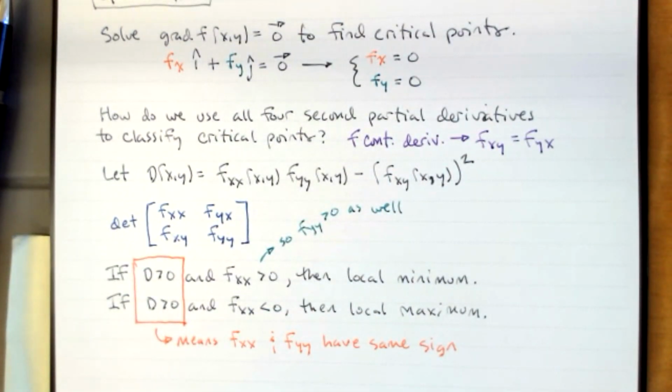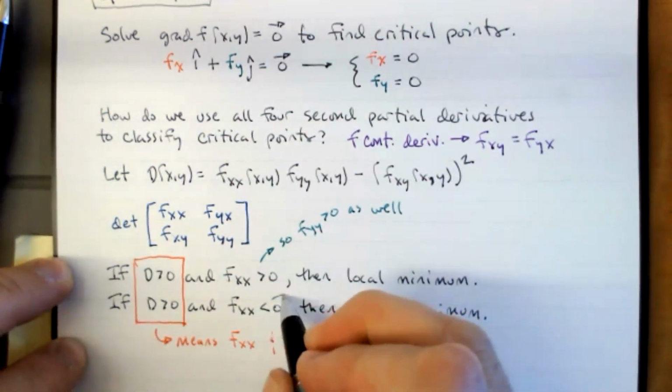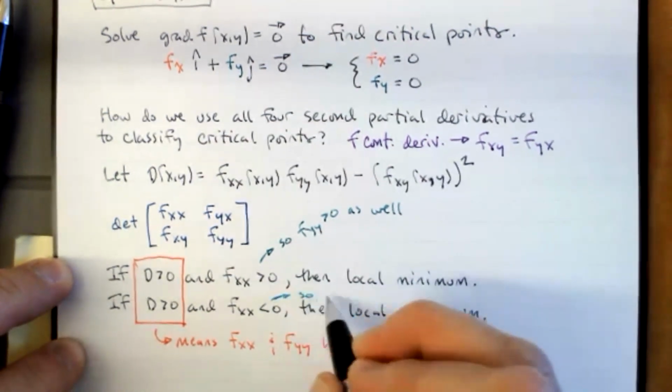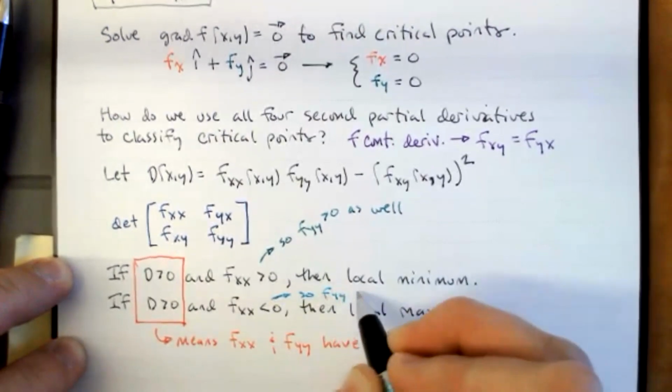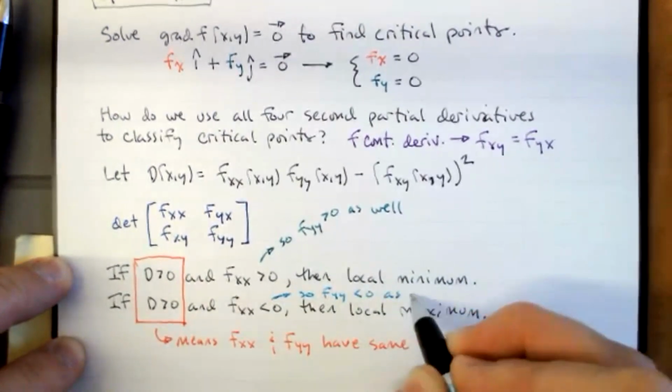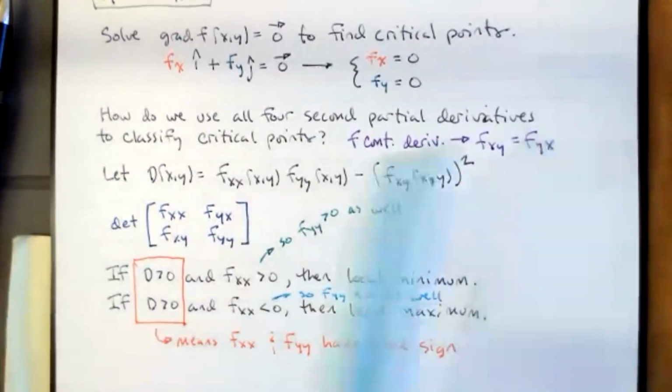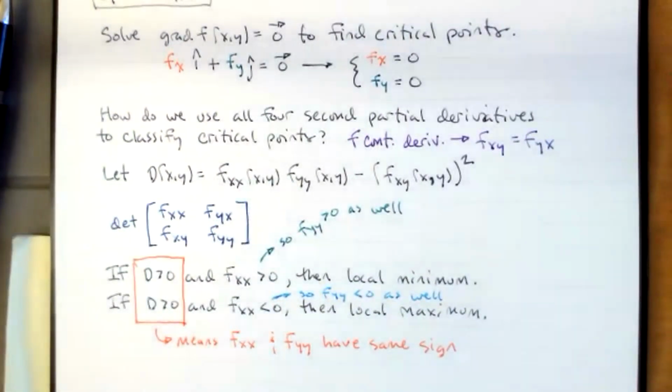Similarly, in the second line, if D is positive, that means fxx and fyy have the same sign. And so if fxx is negative, then fyy is negative as well. So D positive means they have the same sign.